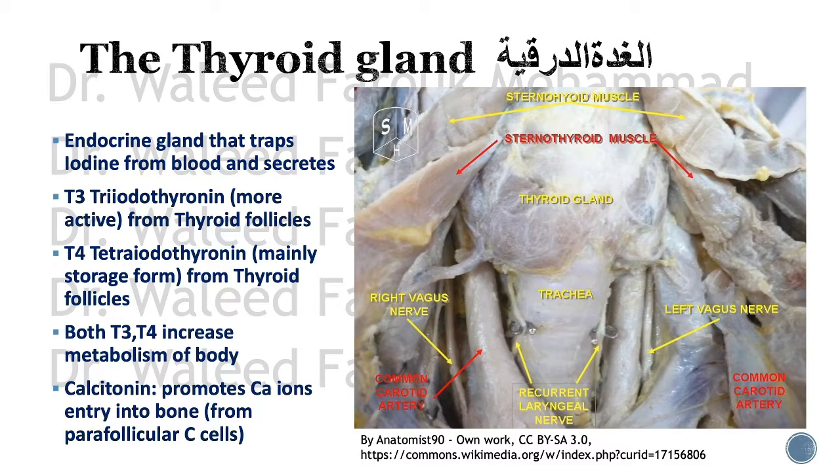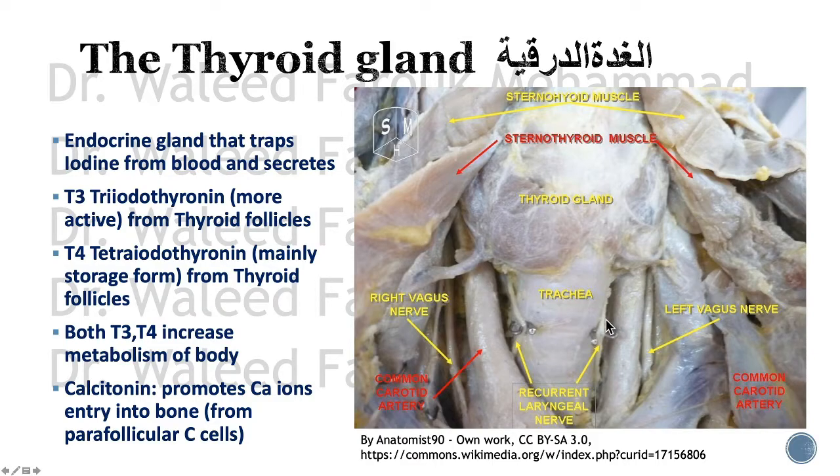The hormones secreted depend on trapping iodine from blood, and then it forms hormones like triiodothyronine, T3, or tetraiodothyronine, that's T4. T3 is the more active form, and T4 is a kind of storage form that breaks down into T3 to provide the body with more T3.